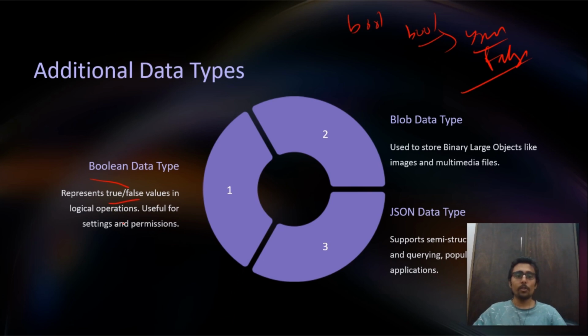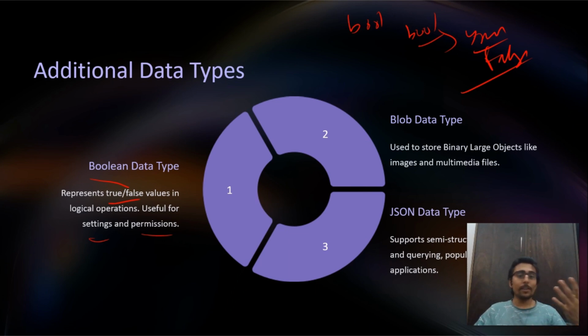True and false values in logical operations, useful for settings and permissions. If you want some permissions, for example, bool is true. For example, the student is present in the class or not, or the student scored more than 80% or not. So it will result in true or false, so that it will be easy to store.